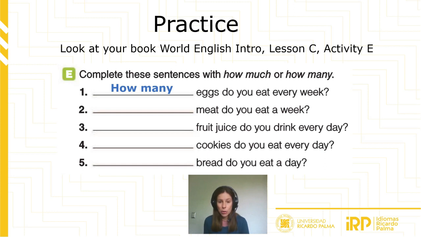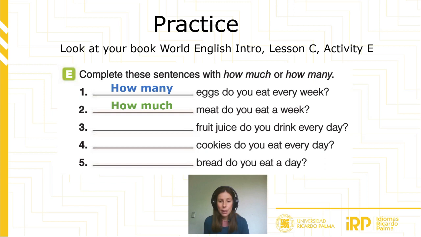The second question, what do you think? The noun is meat. Yes, how much? How much meat do you eat a week? Do you eat 100 grams, 200 grams, 500 grams? How much? The third one.